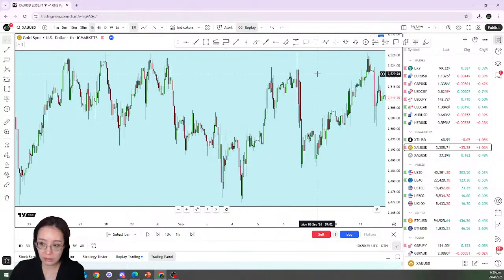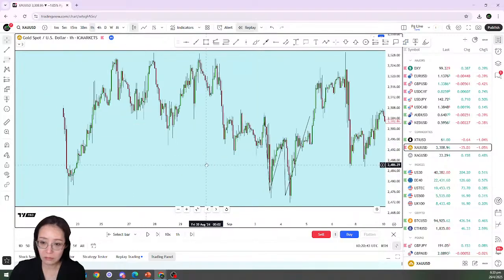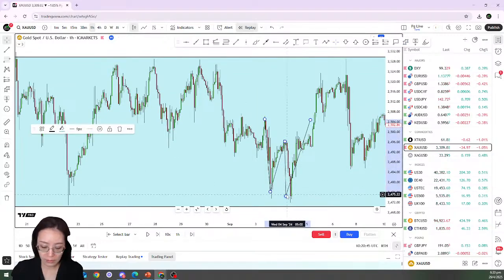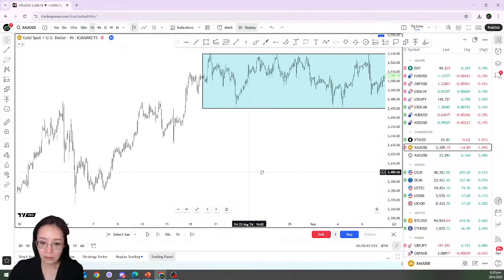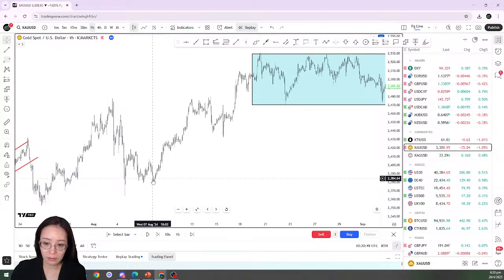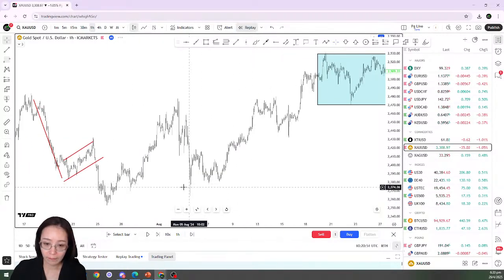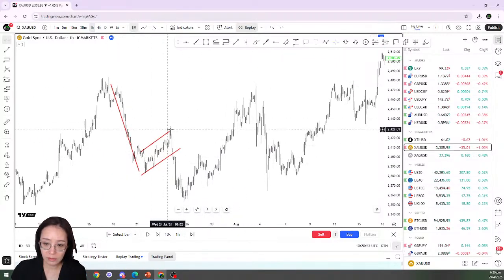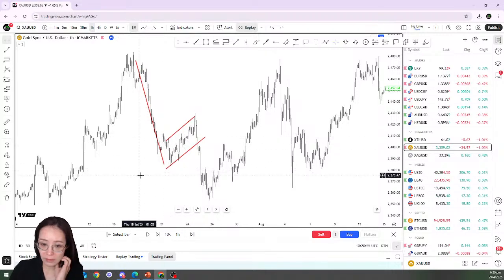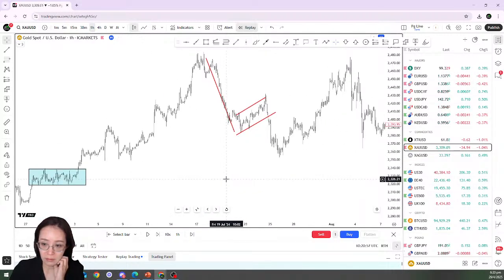This one is also like a reversal pattern, like double bottom, looks like here. Okay, this one also looks like double bottom here. Again, this is very fake here.